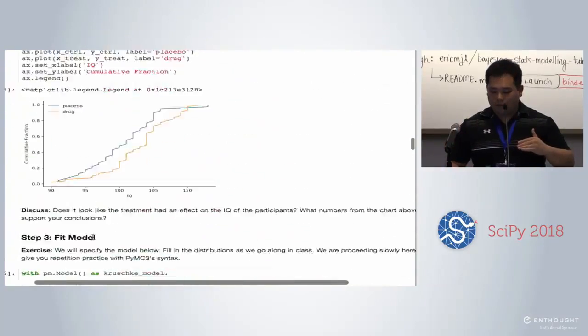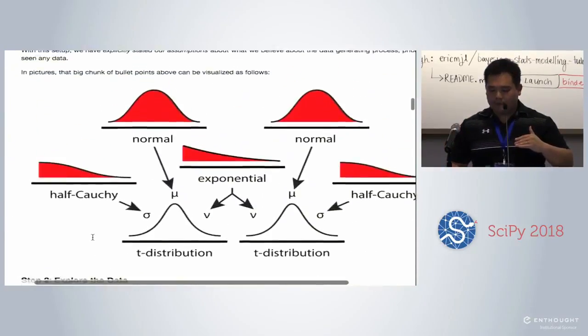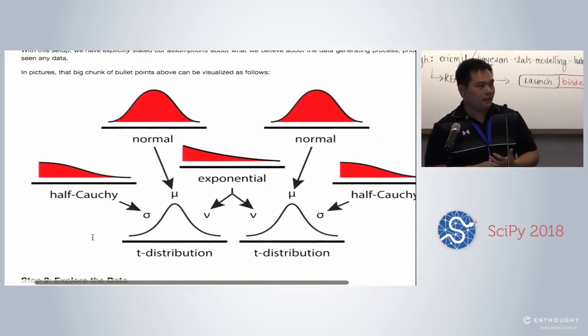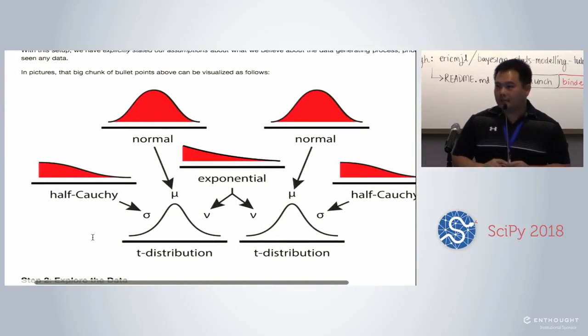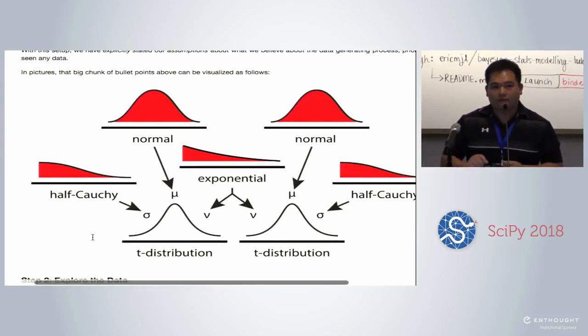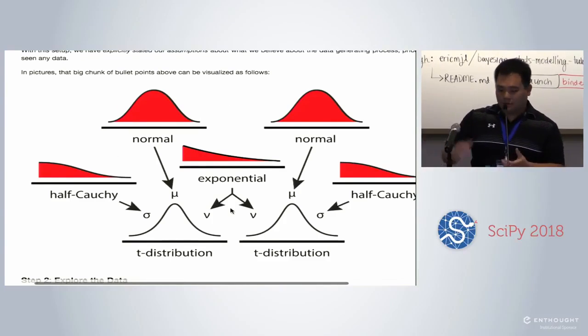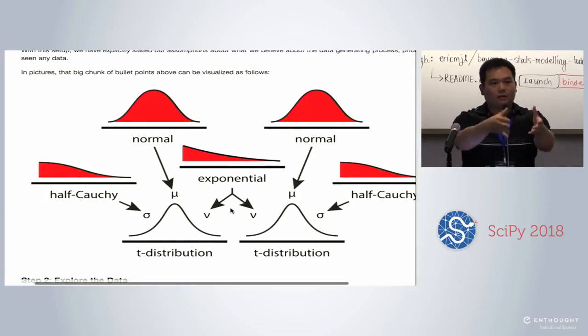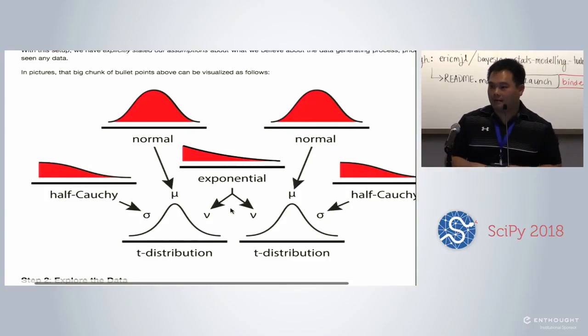Let me swipe back up to here. If our model was specified correctly, then we should be able to forward simulate from this model and recover a distribution of samples that looks a lot like the data we have on hand, right?